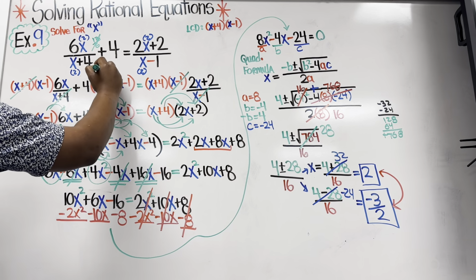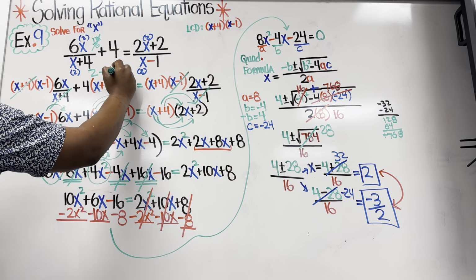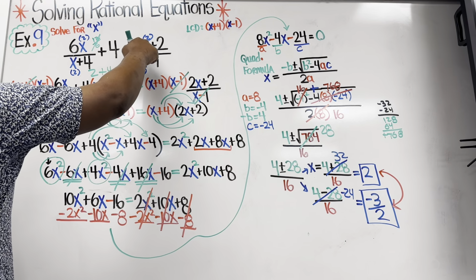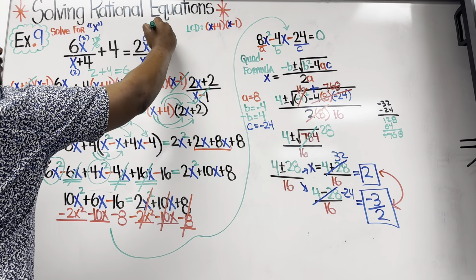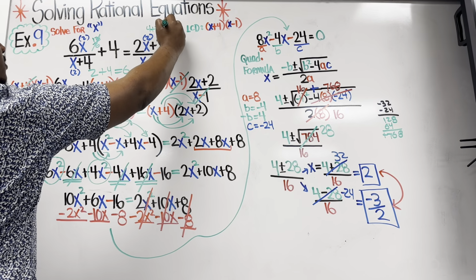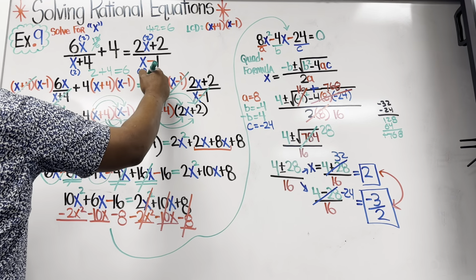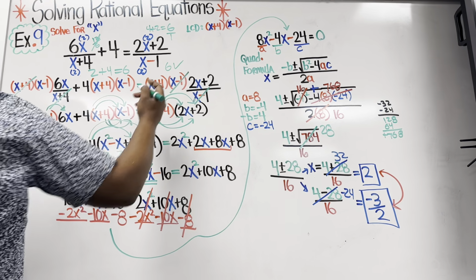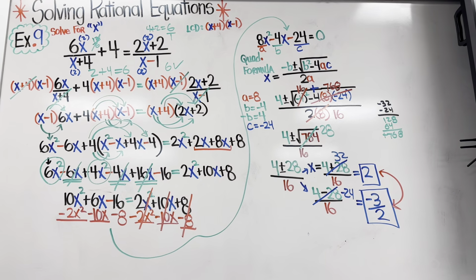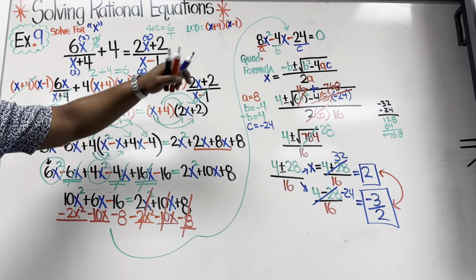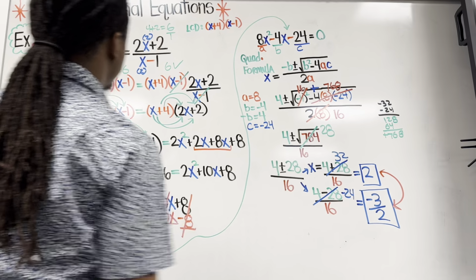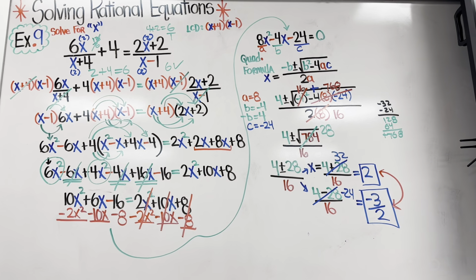All of this has to equal 6: 2 times 2 is 4, plus 2 is 6. 2 minus 1 is 1, and 6 over 1 is 6. That proves that 2 makes this whole rational equation true. And I'm quite sure that if I plugged in negative 3 over 2, it would make the equation true as well.